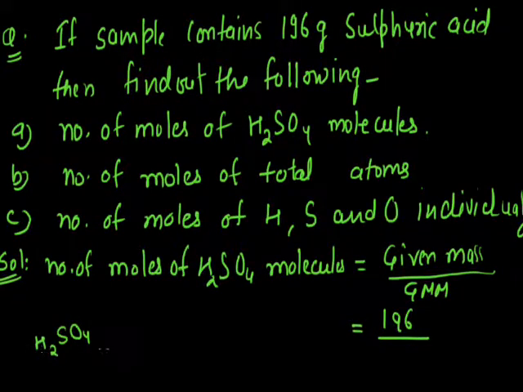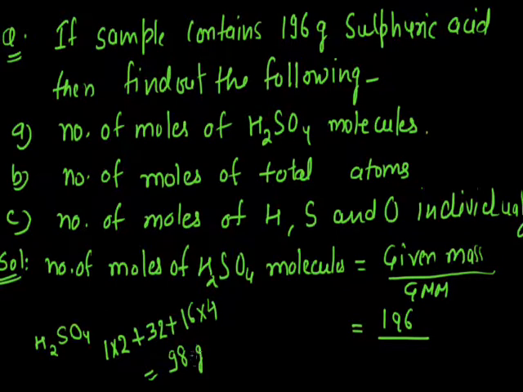Gram atomic mass of hydrogen is 1, and here 2 atoms of hydrogen present in one molecule of H2SO4, so we can write into 2, plus here 1 atom of sulfur present in one molecule of H2SO4, and the gram atomic mass of sulfur is 32, so we can write 32, plus here 1 atom of oxygen present in one molecule of H2SO4, and gram atomic mass of oxygen atom is 16, and here 4 atoms present, so we can write into 4, and it will be 98 grams.